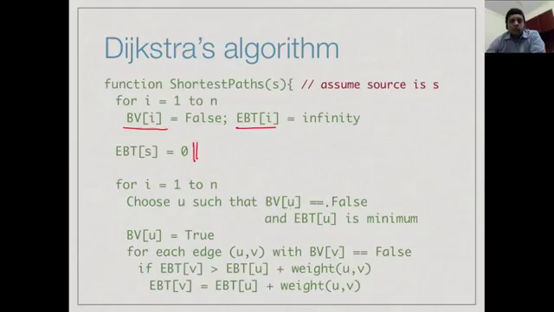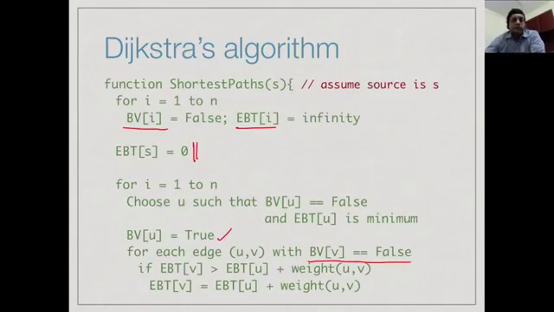So we look for a U which has not been burnt and whose expected burn time is minimum, and make it burnt. And for each of its outgoing neighbors B which is not burnt, if the current estimate for B is bigger than the estimate of going through U, that is the burn time of U plus the weight from U to B, then you update the burn time of B to be the new one.